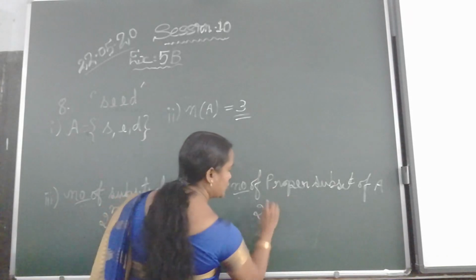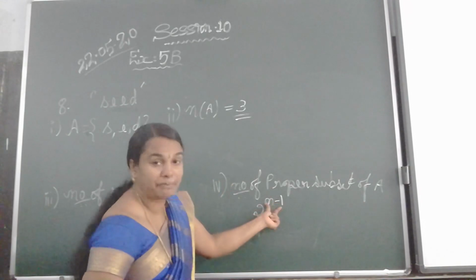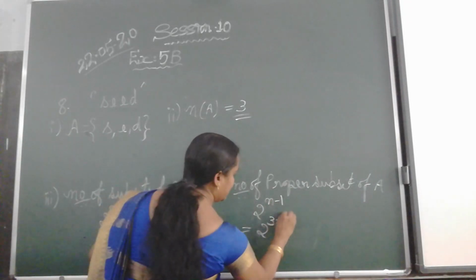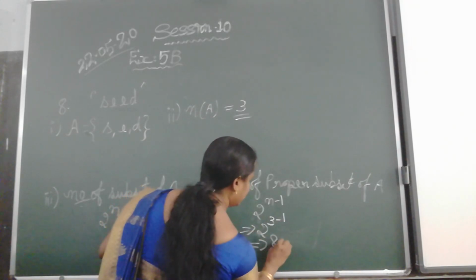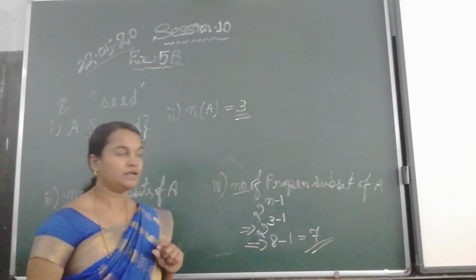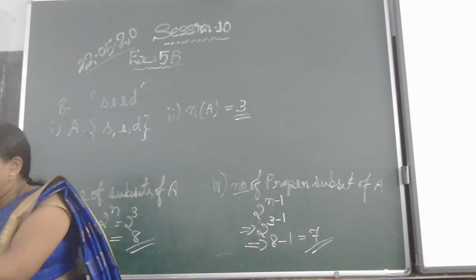The formula is 2 to the power n minus 1. The minus is on the power place. So 2 to the power 3 minus 1, that means 8 minus 1 equals 7. Write it down. Next we will move to question 9.